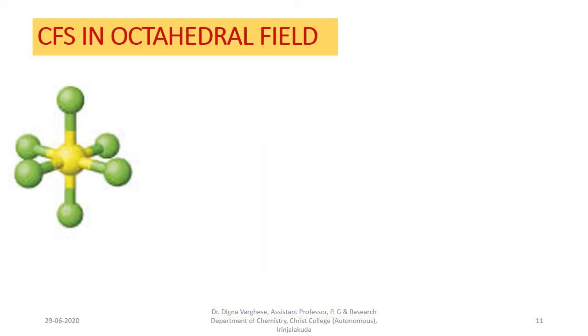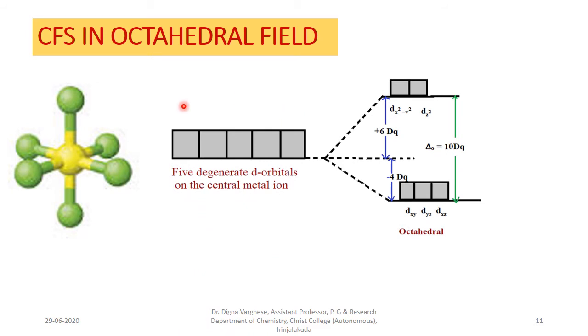So for a pure octahedral system, when the ligands approach the metal ion, due to large electron-electron repulsion between the metal and the ligand, the five degenerate d orbitals on the central metal ion split into two types: the triply degenerate set having lower energy t2g orbitals, that is dxy, dyz and dxz, and the orbitals along the axes having higher energy, that is dx2-y2 and dz2.